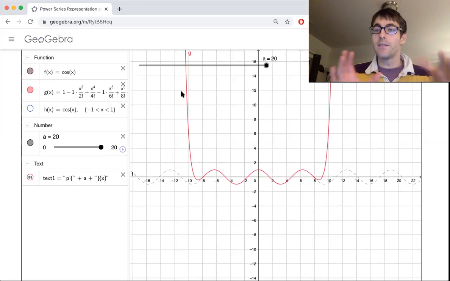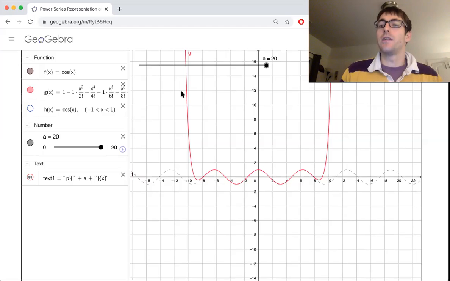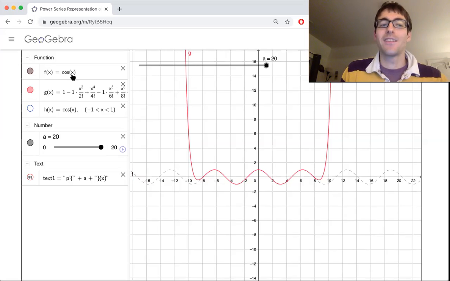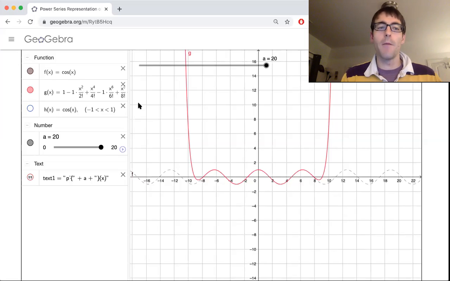It's a series, the sum of infinitely many terms, which actually ends up equaling the function itself. That's the goal, that's what we're working towards. We have a few more things to talk about before we get to how exactly we calculate these things. But our general goal is to be able to work with these infinitely long polynomials rather than a function that might be kind of tough to work with.